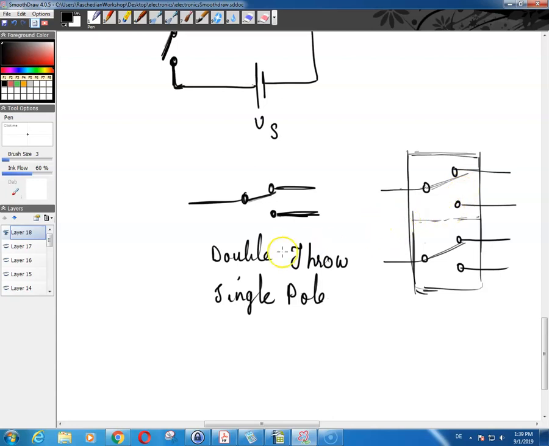So now you can see that each of these switches is a double throw switch, and you have two poles, one pole over here and one pole over here. So this is a double pole, double throw switch, DPDT.